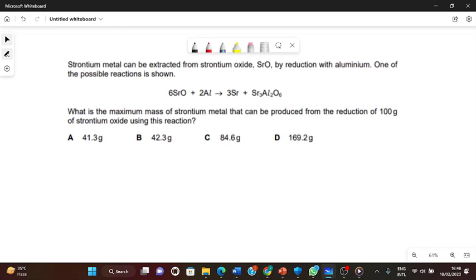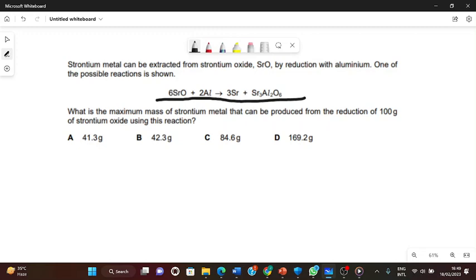Strontium metal can be extracted from strontium oxide by reduction with aluminium. One of the possible reactions is shown. What is the maximum mass of strontium metal that can be produced from the reduction of 100 grams of strontium oxide using this reaction? The first thing we need to look at is to ensure that the equation is balanced.